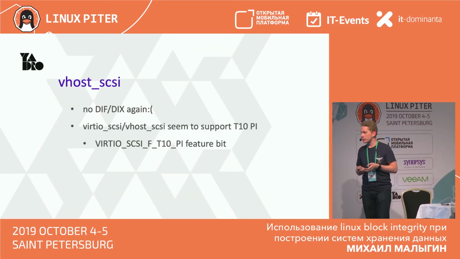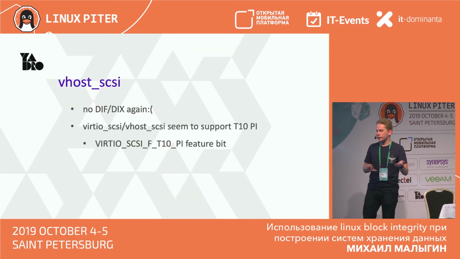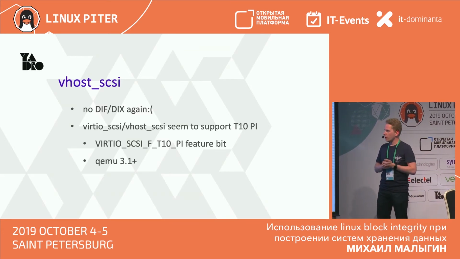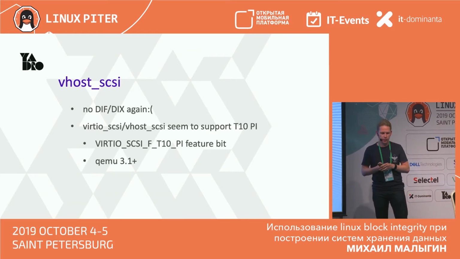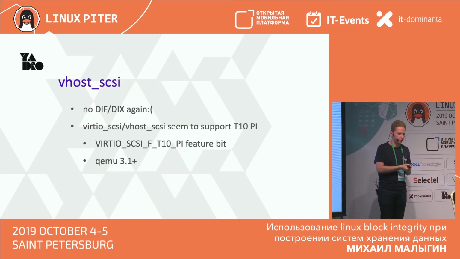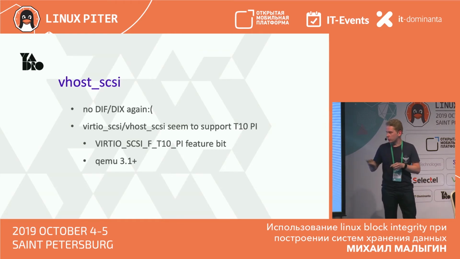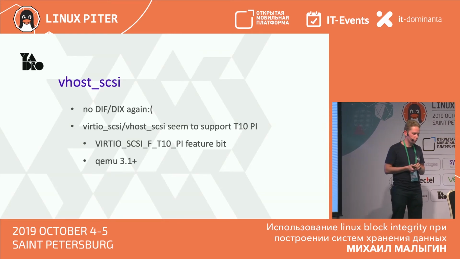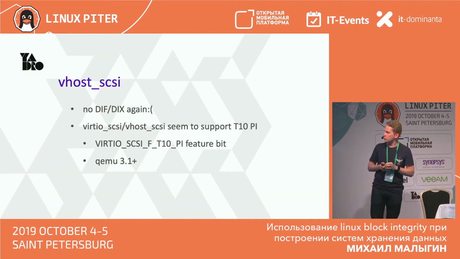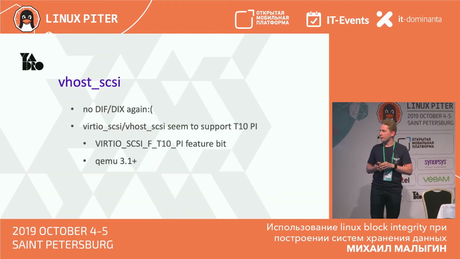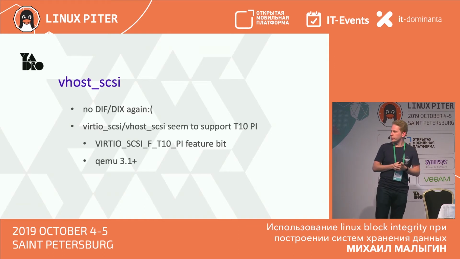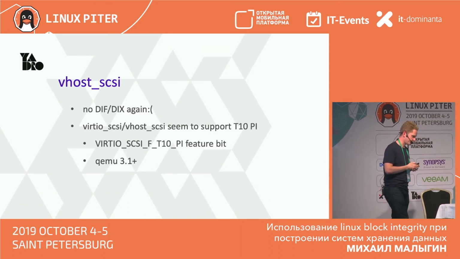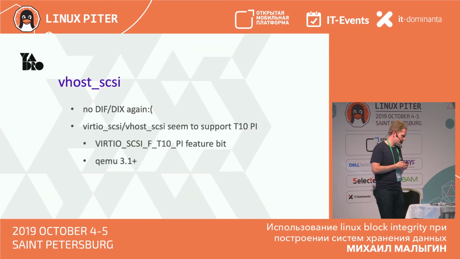Where would we get it from? Good sense prompted that the virtualization system would do it instead of us. And in QEMU 3.1 there is support for that feature bit. I just built QEMU with the feature bit switched on, and vhost and virtual SCSI found each other and agreed about this bit.